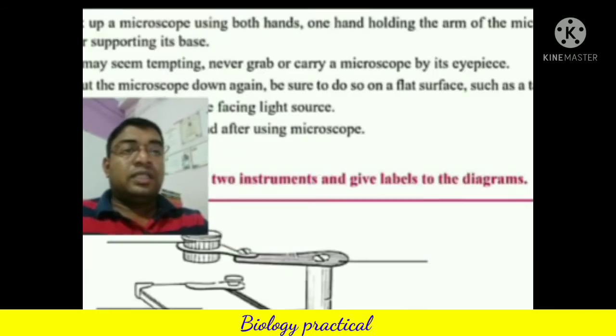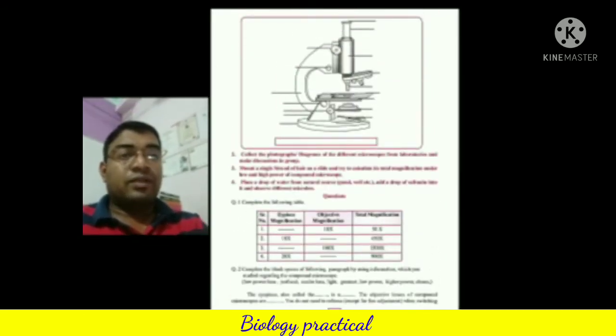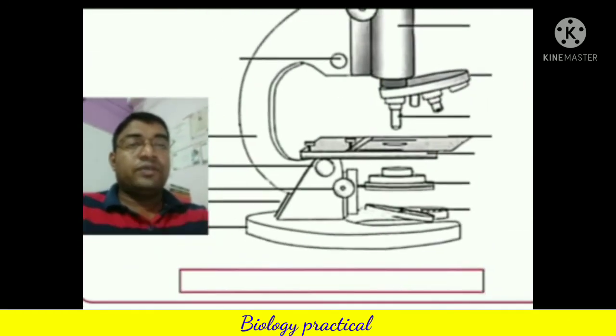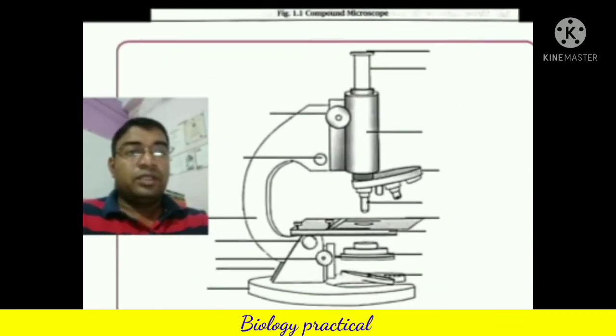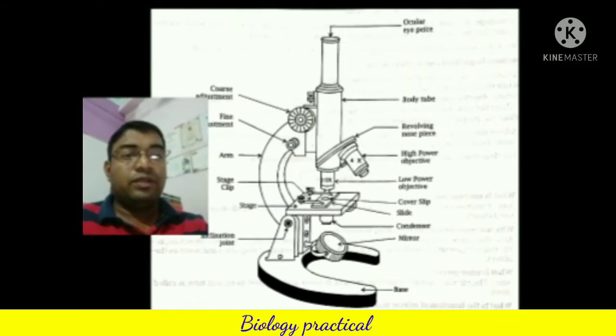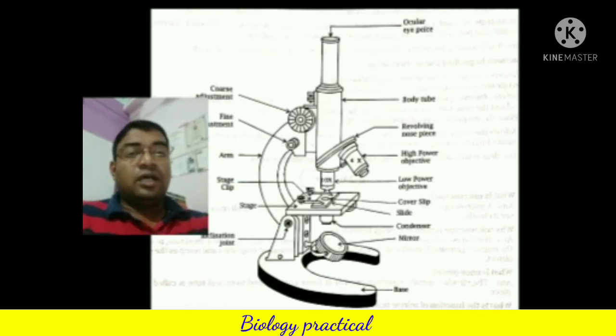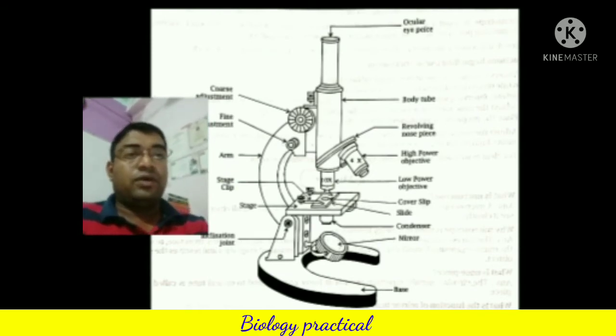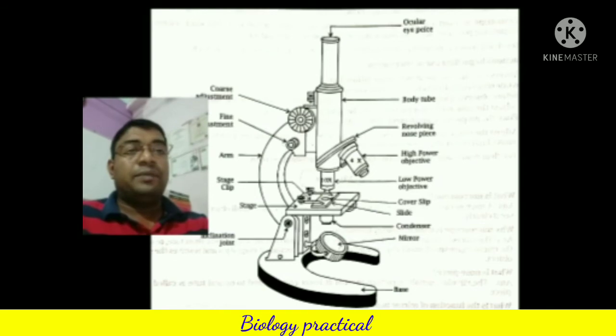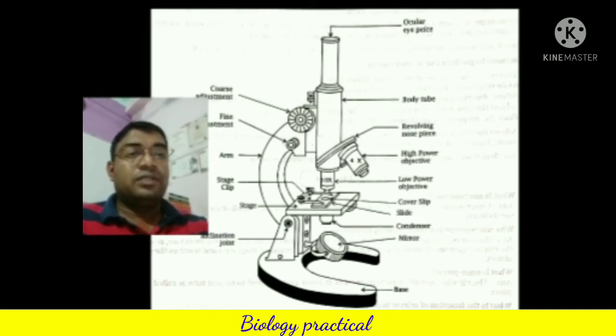Let us see the naming of the parts. This is the second one. An activity is also given for filling in the details here. We are going to fill in one by one. See here the detailed outline, or the label, for the compound microscope. Ocular is the eyepiece, then the body tube, revolving nosepiece, high power objectives, low power objectives.